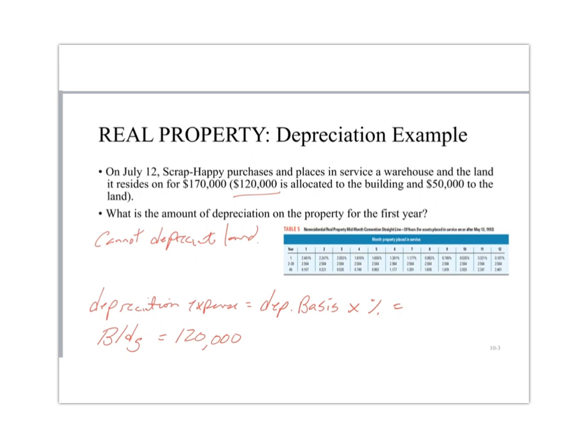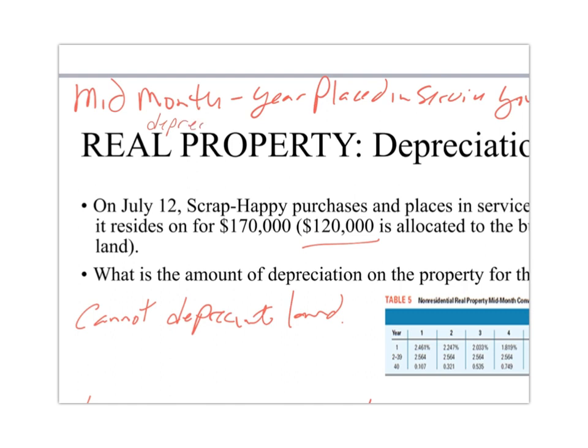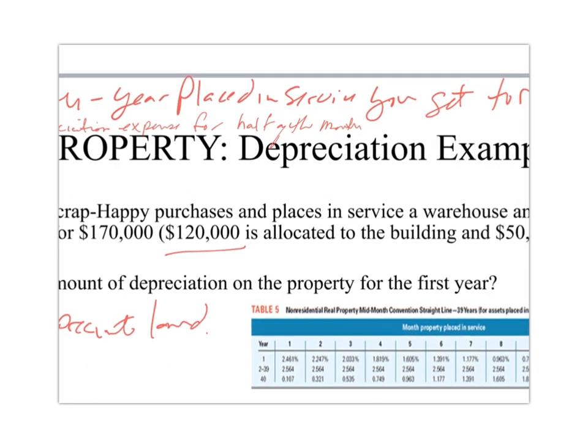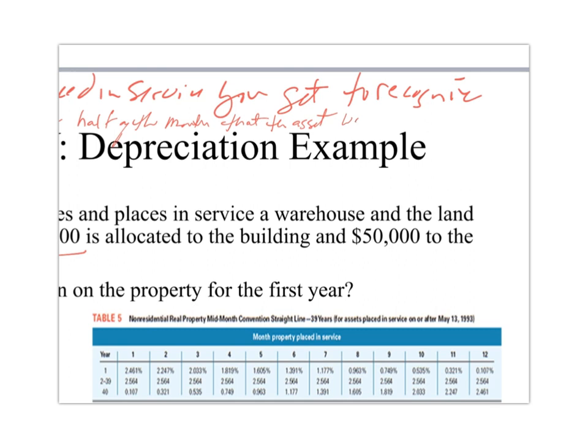That means that for the year that you place this thing in service, mid-month means you get to recognize depreciation expense for half of the month that the asset was placed in service.